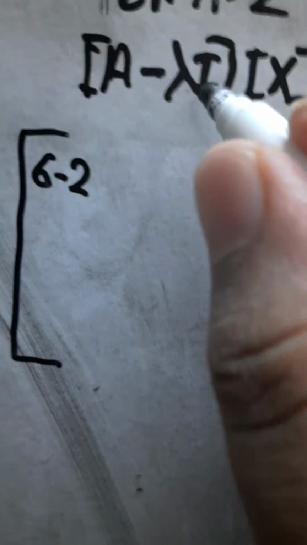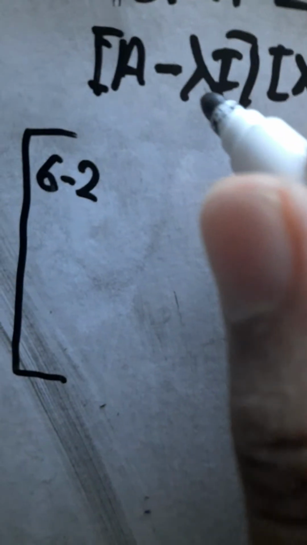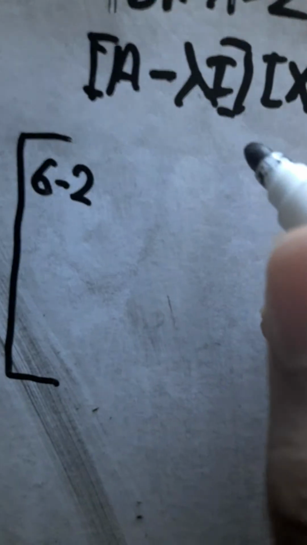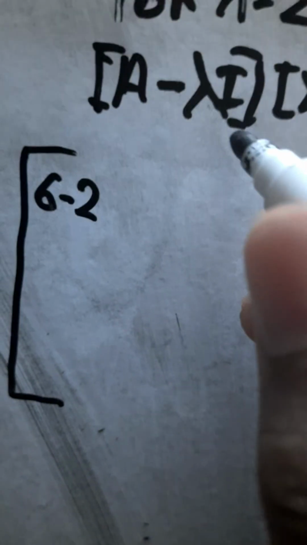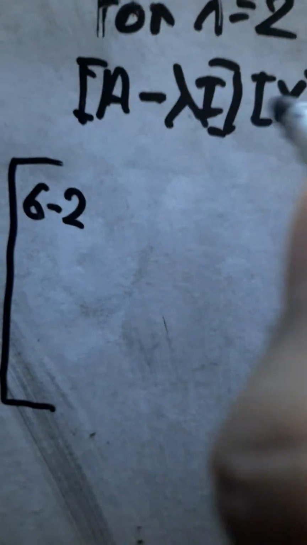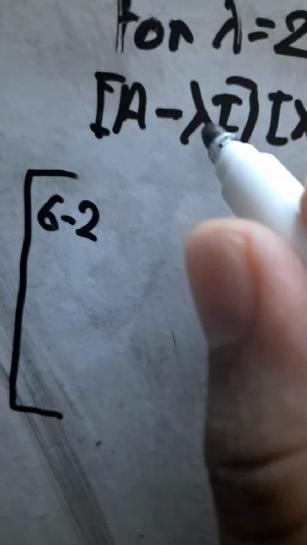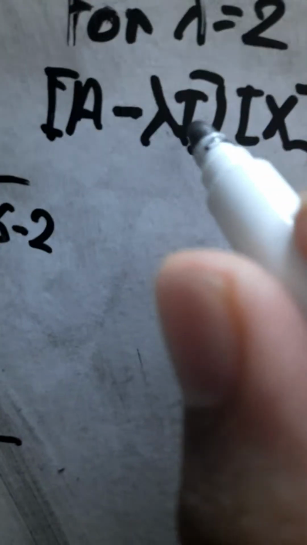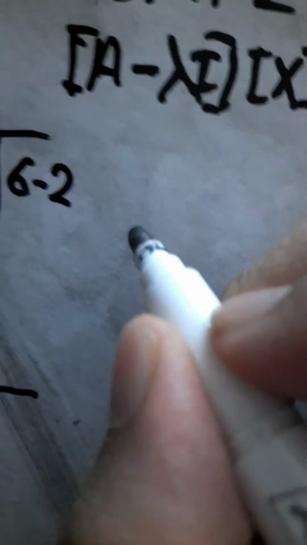So when we are subtracting that, we subtract from all corresponding element positions. Since lambda I has lambda only in the diagonals, lambda gets subtracted from the diagonals of the A matrix.